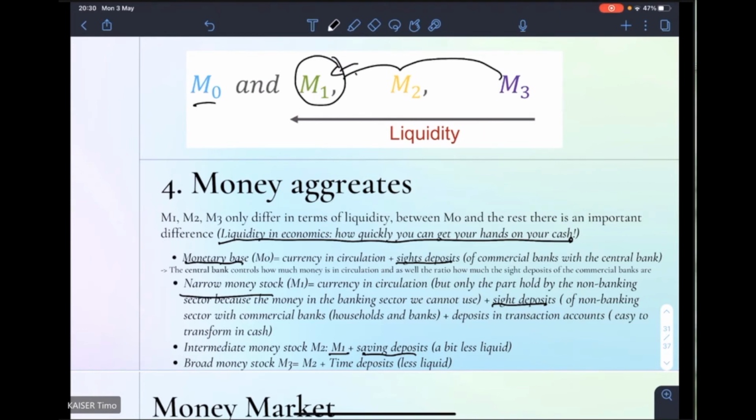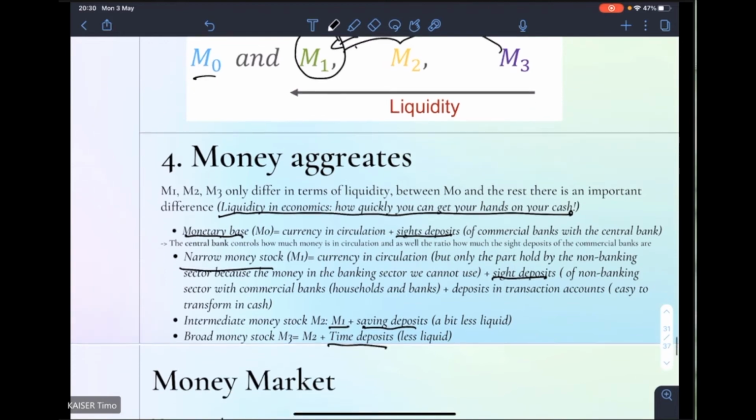And then the difference to M3 is again less liquid, because here we have the time deposits, which are less liquid than savings deposits, and so on. Again, just some theory about the four main money aggregates.